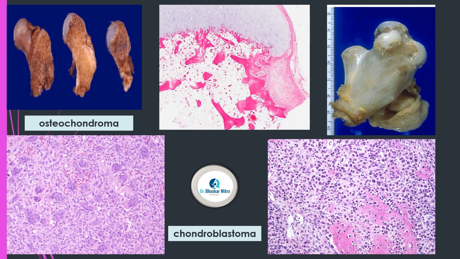It is more cellular with chondroid areas in between, and it is full of cells. Here we can also see a fair number of giant cells. So chondroblastoma is, in another way, a giant cell containing lesion. Any cartilage tumor having a giant cell component within it, we have to think about chondroblastoma.